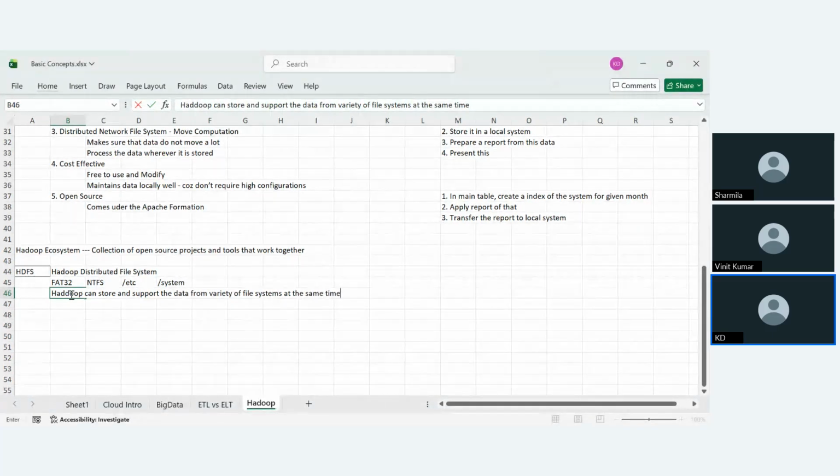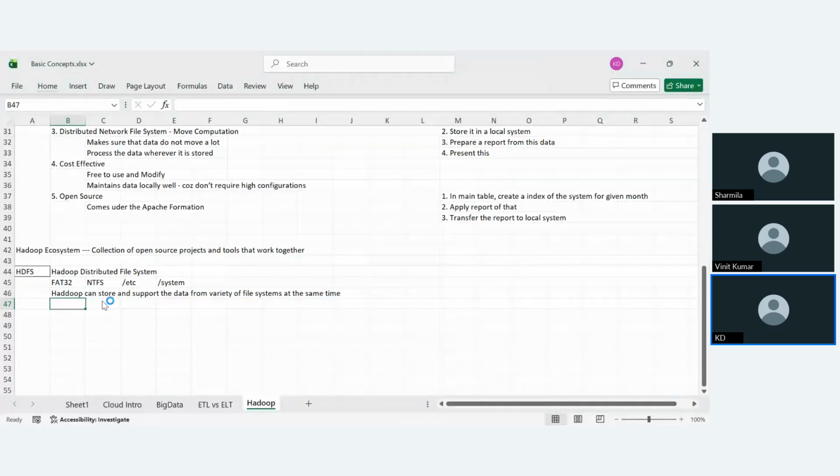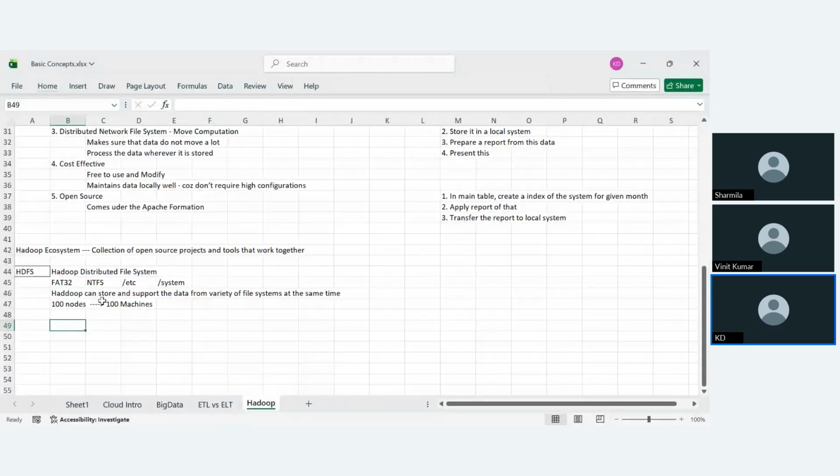And since Hadoop is a distributed file system, if you have 100 nodes, it can work on 100 machines at the same time. So this is the first thing in the Hadoop ecosystem.